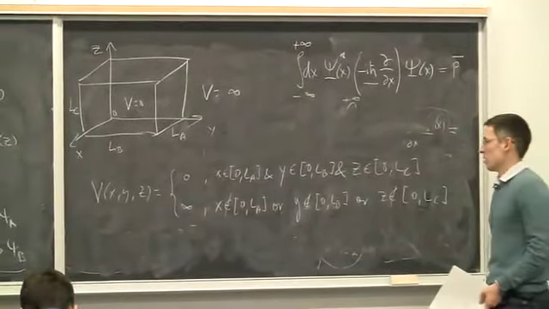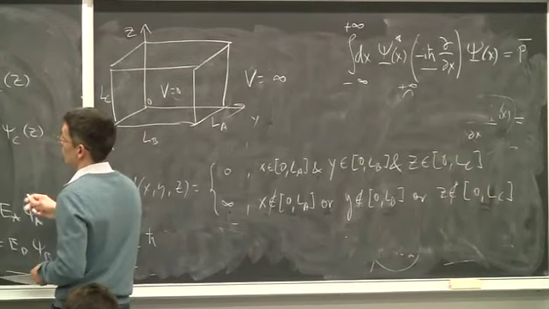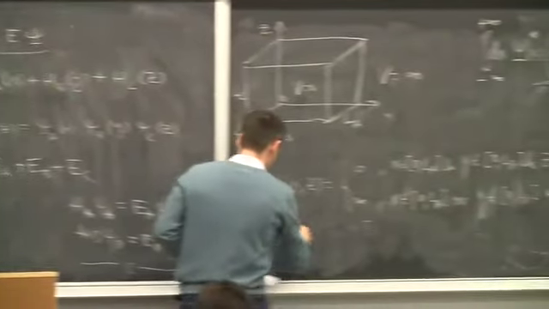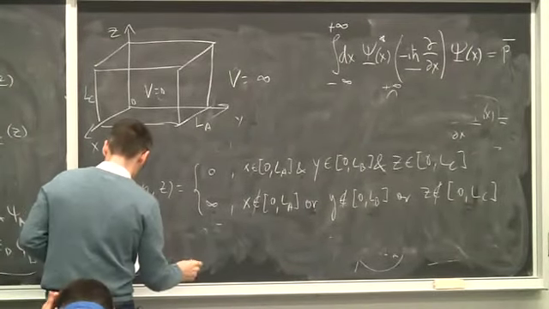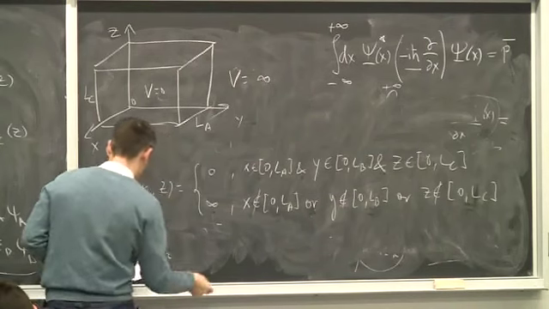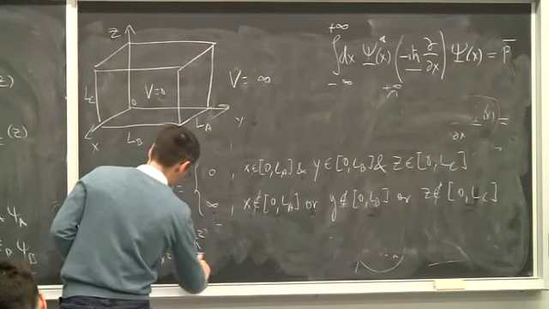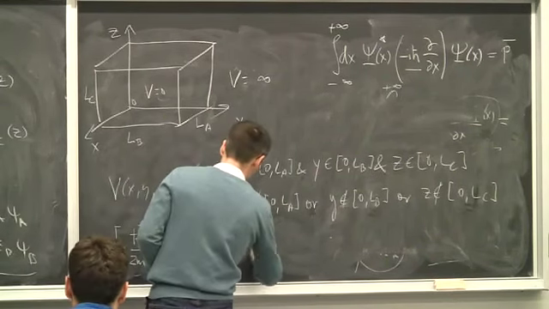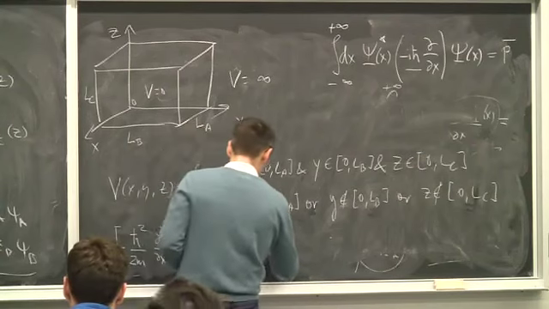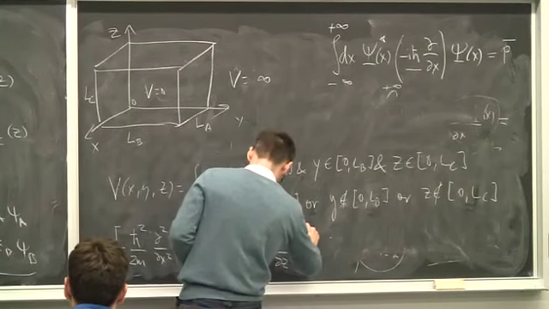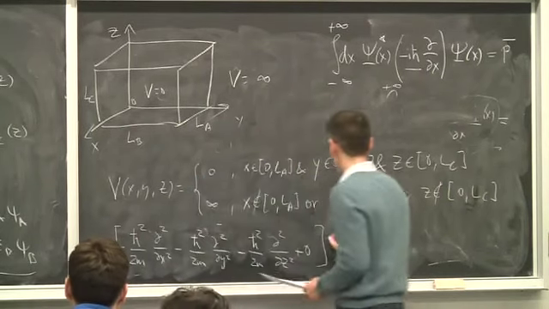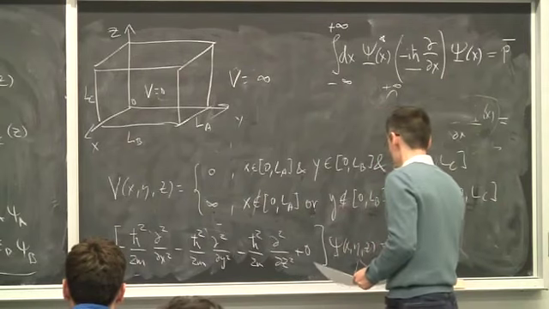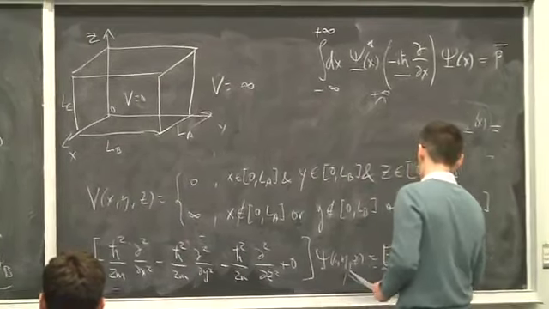Now the equation for the wave function will be essentially our time-independent Schrödinger equation in the operator form, written as a sum of the kinetic energies, plus 0 potential, acting on psi of x, y, z gives energy times psi of x, y, z.